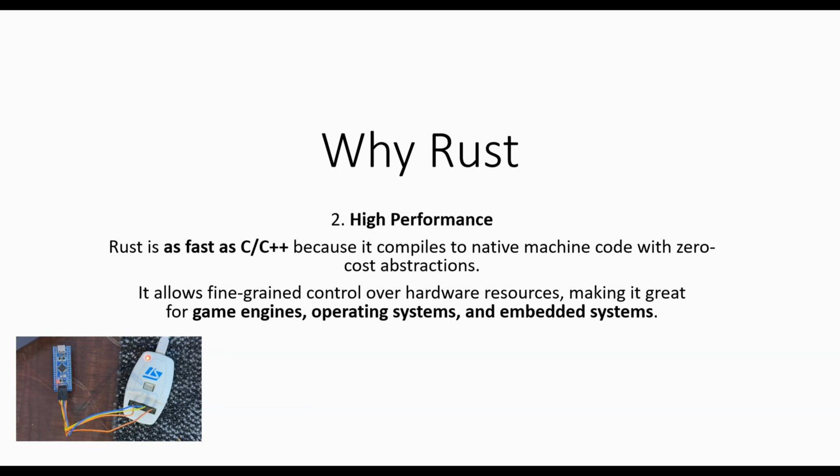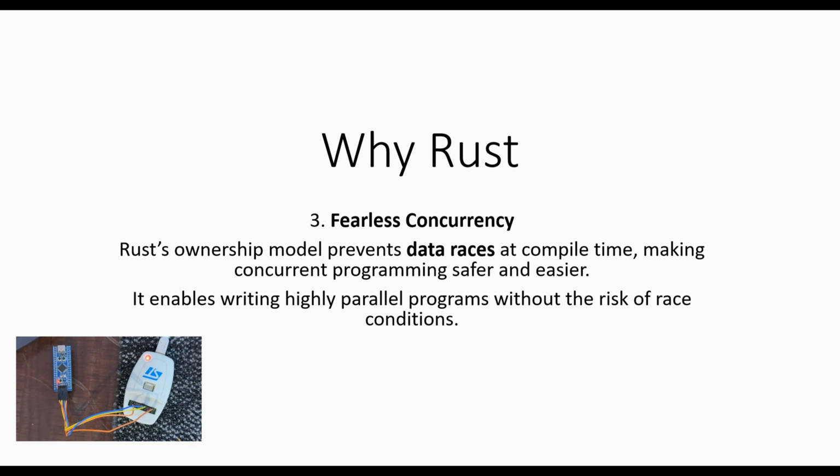It allows fine-grained control over hardware resources, making it great for game engines, operating systems, and embedded systems. So this language can be used as a system programming language as well as for games, like we used to have C++, operating systems which are mostly written in C and C++, and of course embedded systems that are mostly written in C.